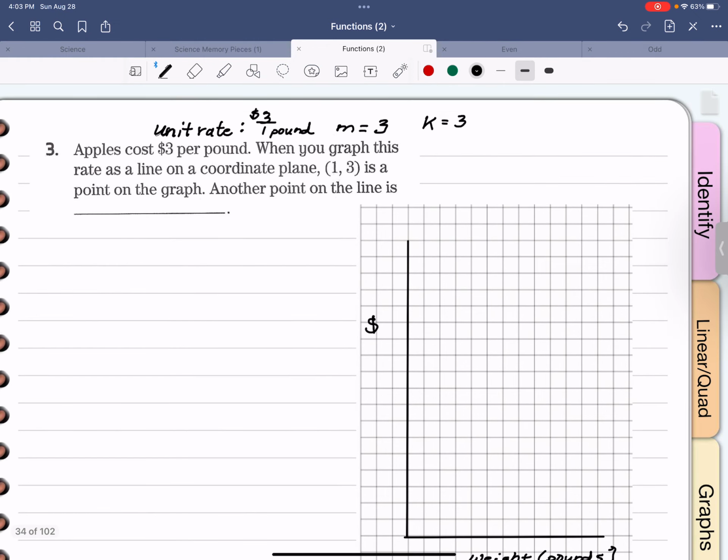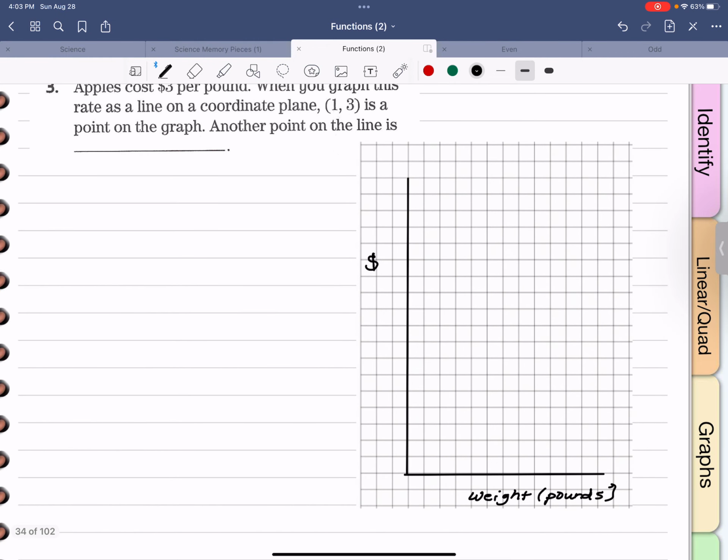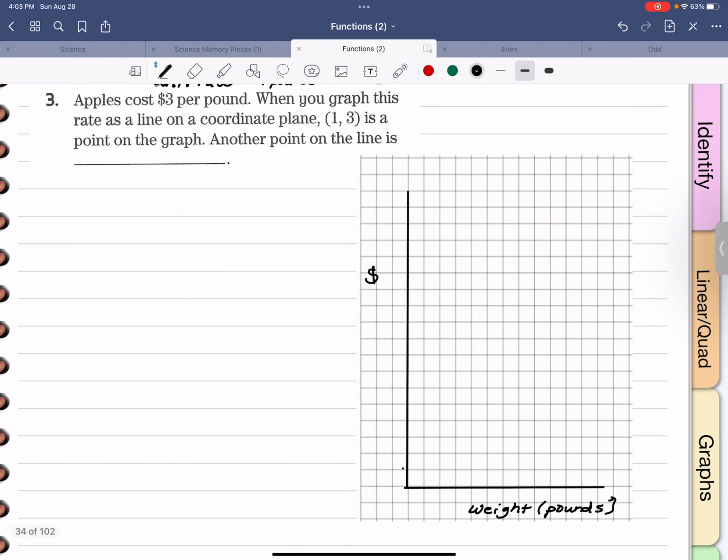So they're telling me that you have to pay $3 for 1 pound of apples. $3 a pound. So let's just do, using our slope concepts that we know, this is rise 3, run 1. Rise 3, run 1.